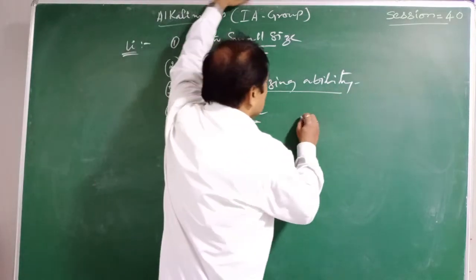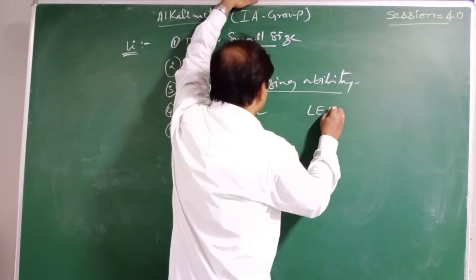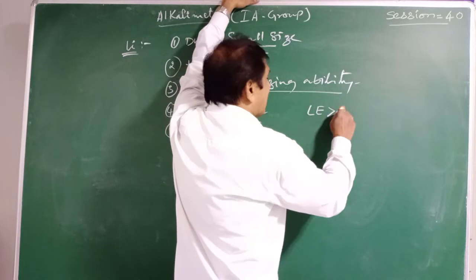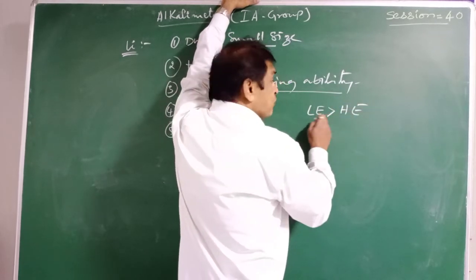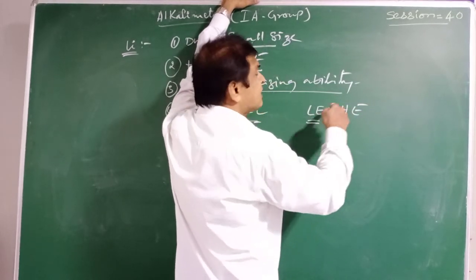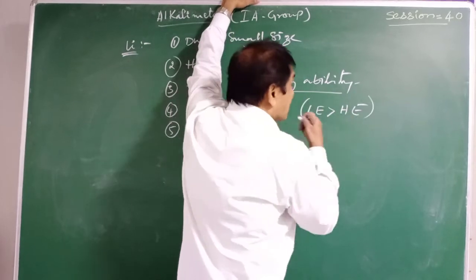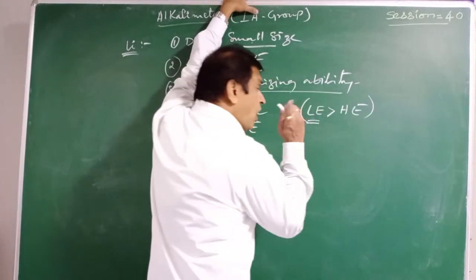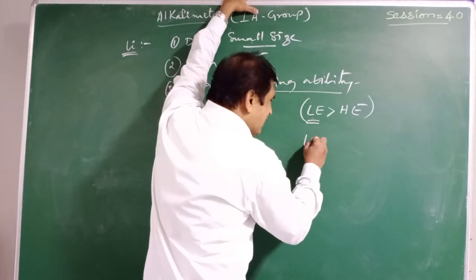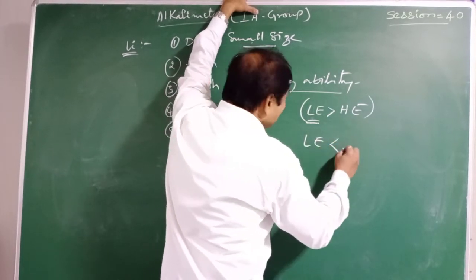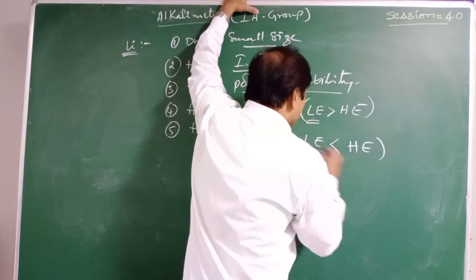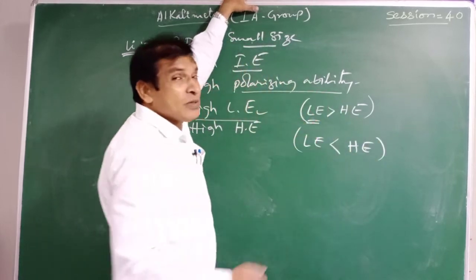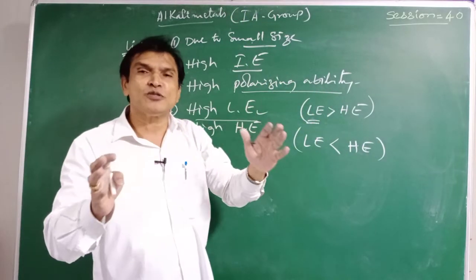Remember that. If the lattice energy of the compound is greater than its hydration energy, then the compound is less soluble. If the lattice energy is less than its hydration energy, that means the hydration energy is greater than the lattice energy, then the compound is more soluble.